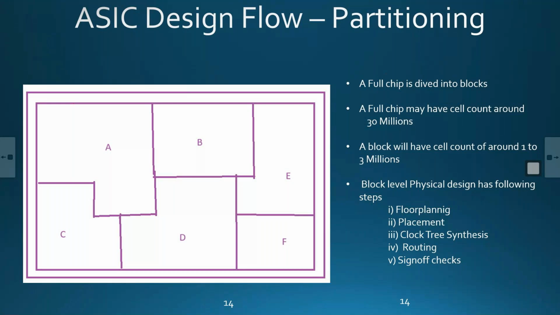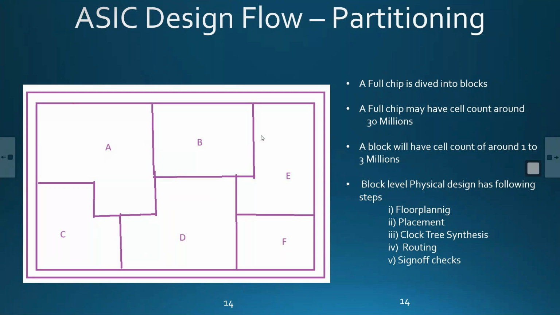In one project, you require hardly 4 or 5 engineers. But to do the physical design at block level, you require more engineers. One full chip, if you divide it into a number of blocks, can go to 60 to 70 blocks. So almost you require 30 to 40 engineers for one chip.